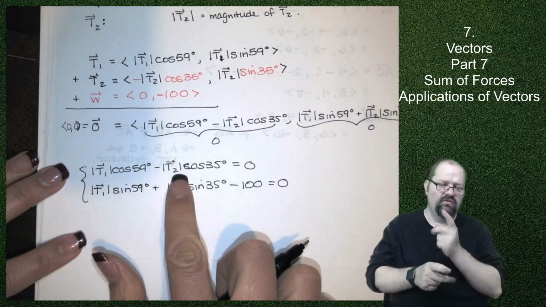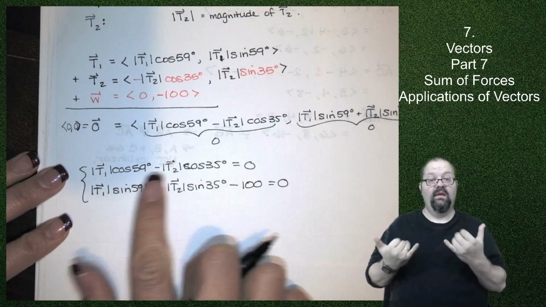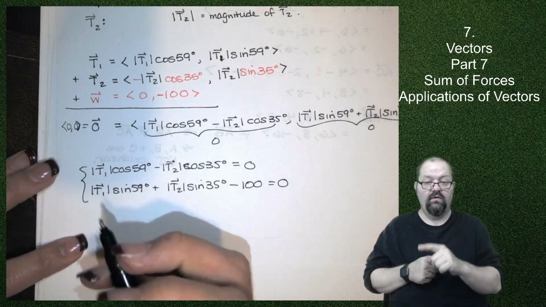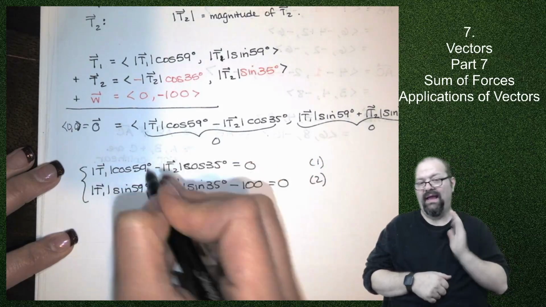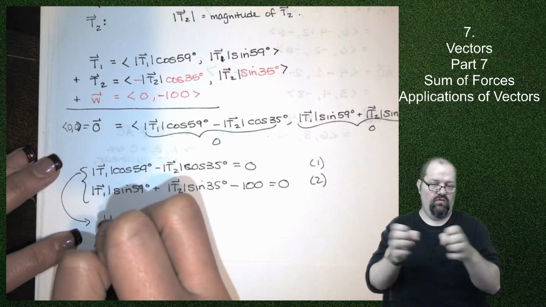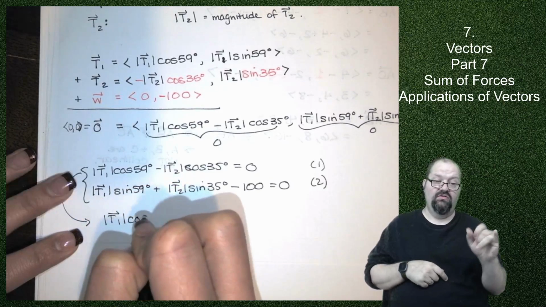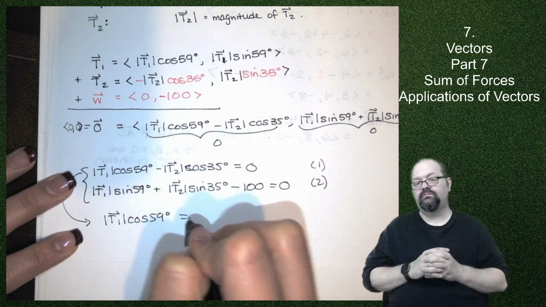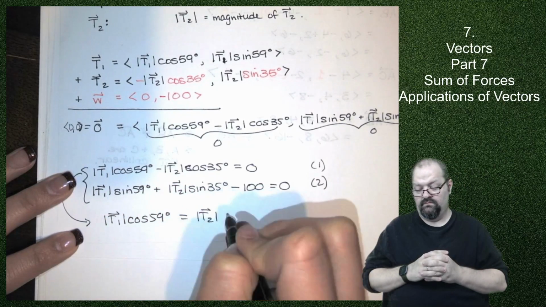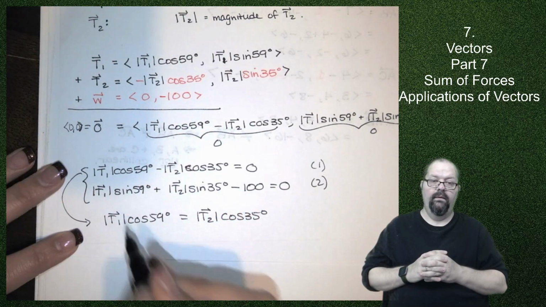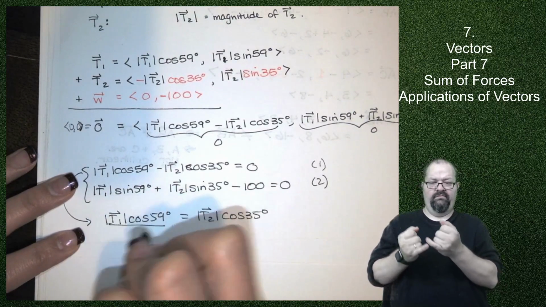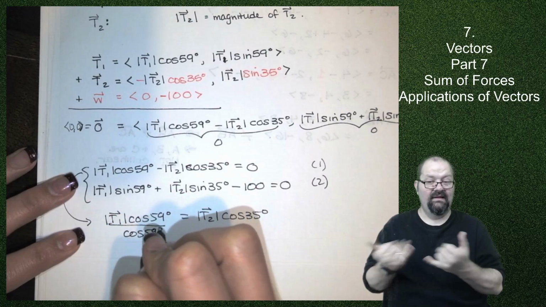All right. So I'm going to take this one. I'm going to solve it for, let's say, T1 in terms of T2. So that's my first equation. I'm going to add this to the other side. I'm trying to get this guy by itself, so I'll divide both sides by cosine of 59 degrees.